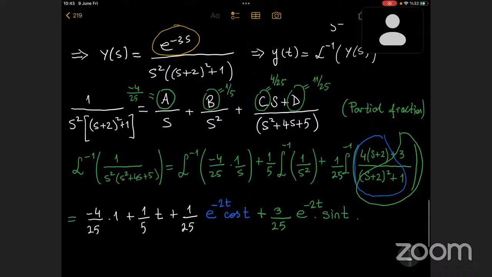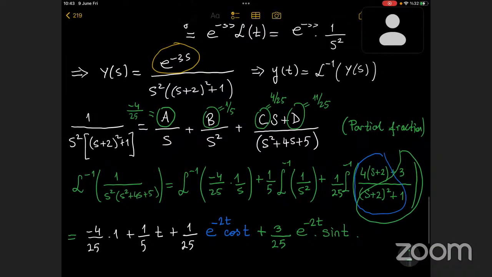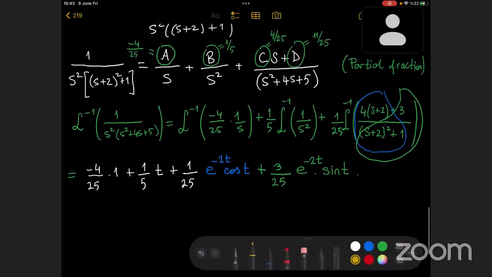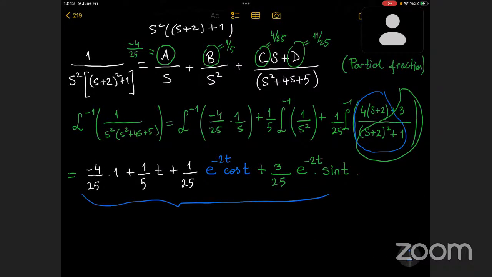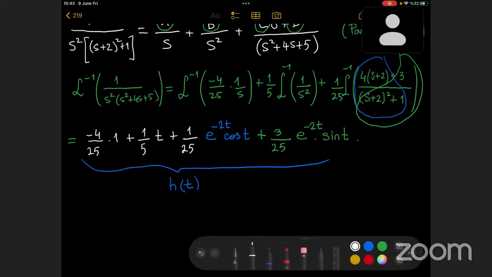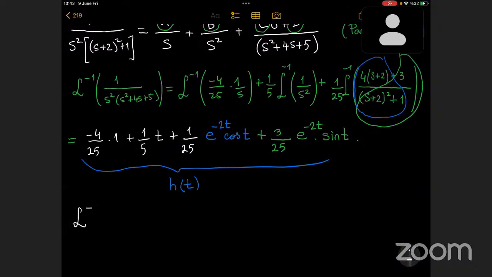Şimdi bu l-1, e üzeri eksi 3s'i unutup yaptık. Değil mi? Şimdi onu katacağız hesaba. If I say this is now h of t, then L inverse neydi şeyimiz?